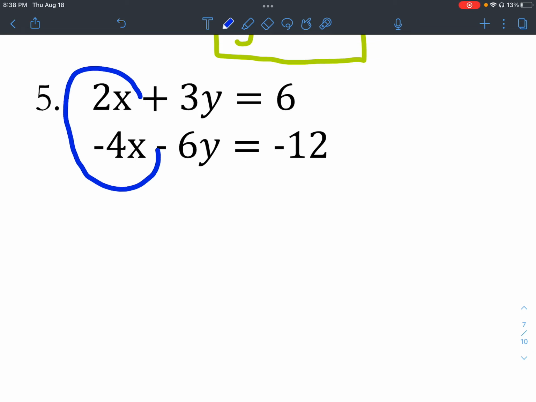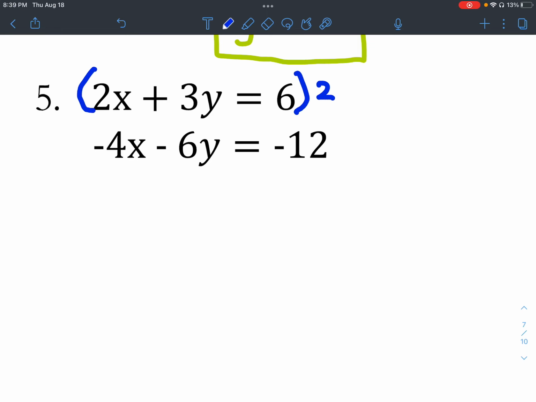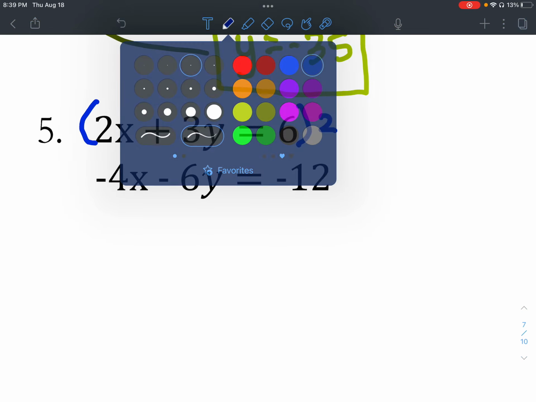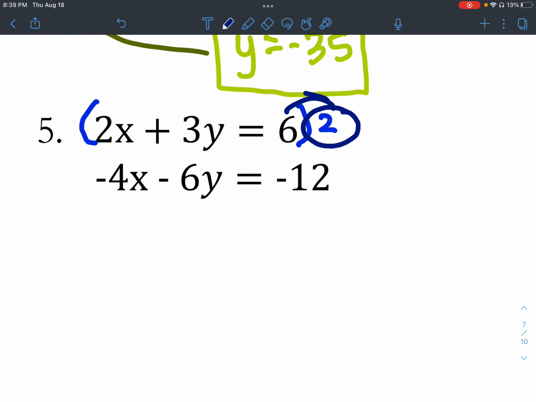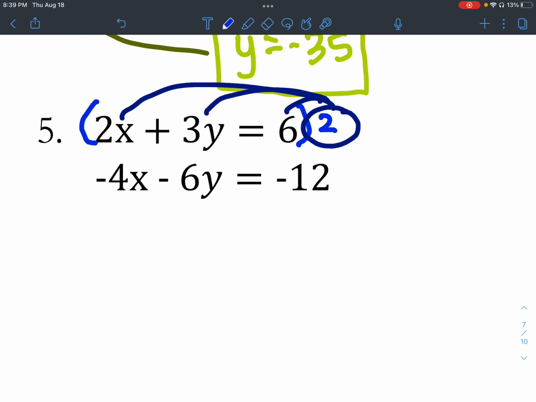I'm looking at this. Everything's lined up. I could multiply these x's together and get there. They're both opposites. The y's look really good as well. So it looks like the same number is going to actually be used for both of these. If I multiply this one by 2 and I distribute everywhere inside, I will rewrite that equation as 4x plus 6y equals positive 12.